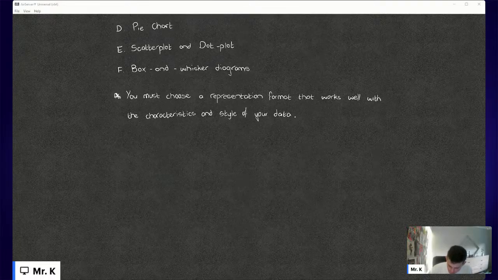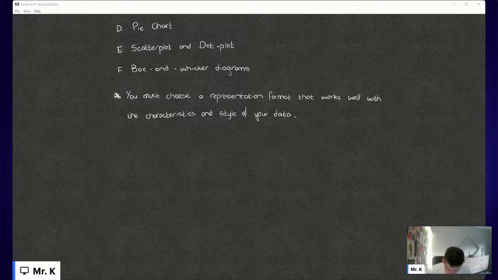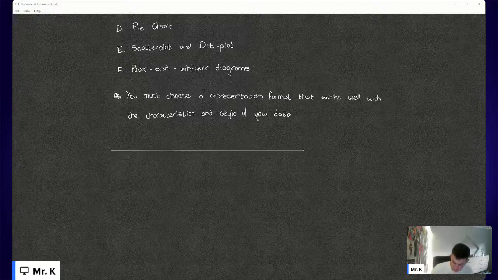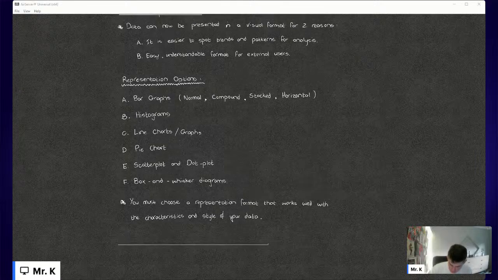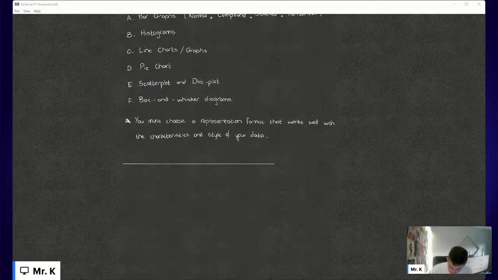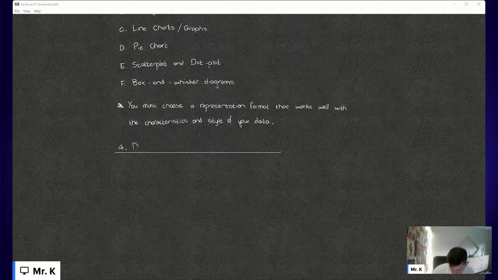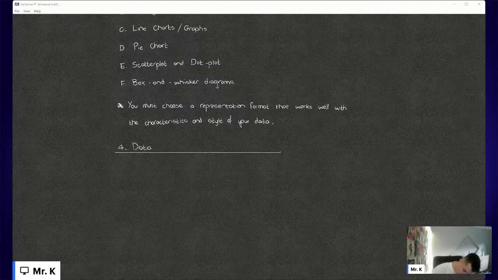but we've got one last section, and guys, we've got 10 minutes left, so let's get through this quickly and then we will be done for the day. The final section that we need to talk about this afternoon is going to be section number 4, which is data analysis and interpretation.